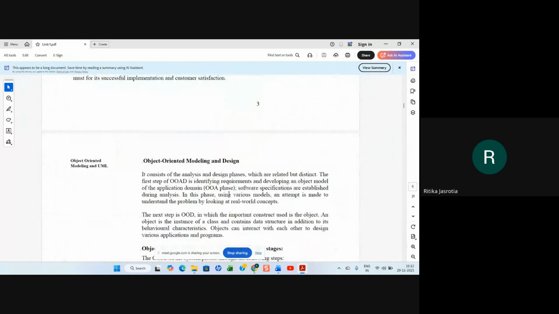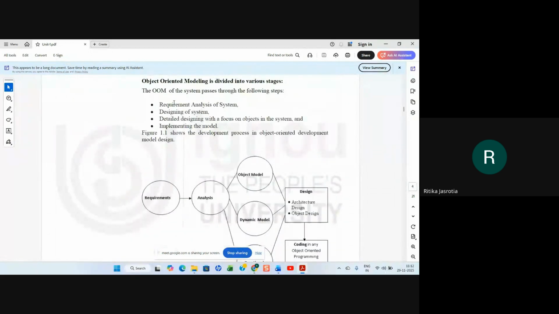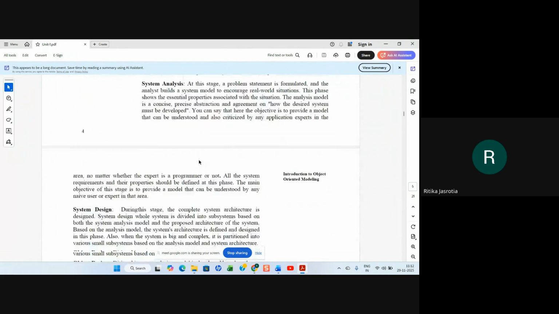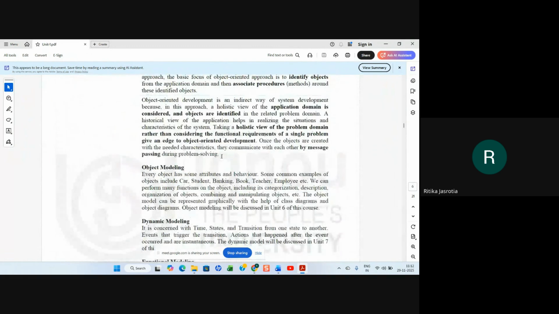Object oriented modeling is divided into various stages: requirement analysis of the system, designing of the system, detailed designing with a focus on objects in the system, and implementing the model. So this is your diagram for object oriented modeling. This can also be asked to you, right?